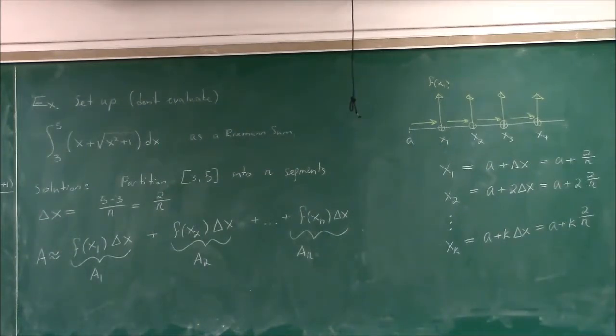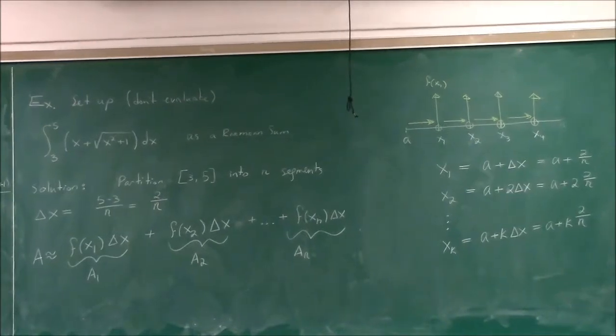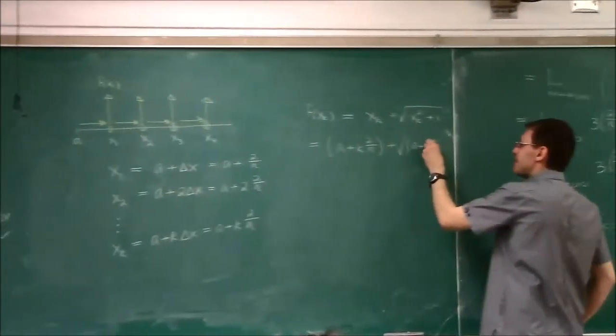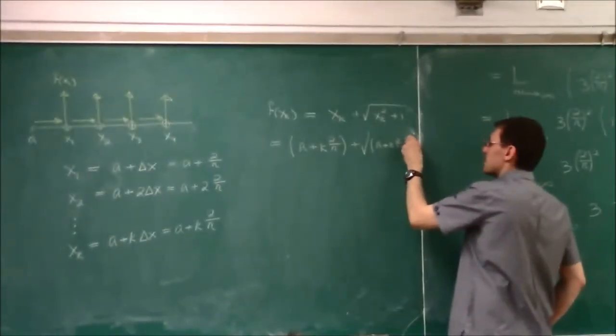Correct? So that will be, what is x sub k? That would be a plus k 2 over n, plus root a plus k 2 over n squared plus 1.